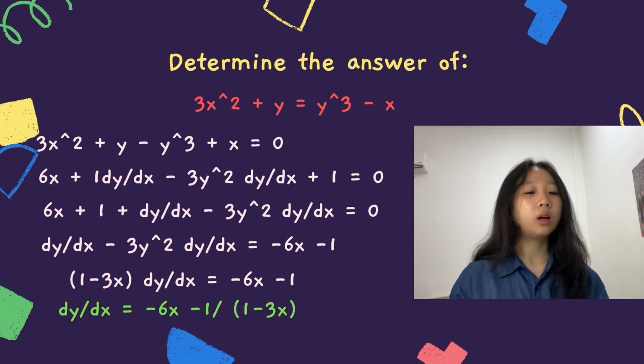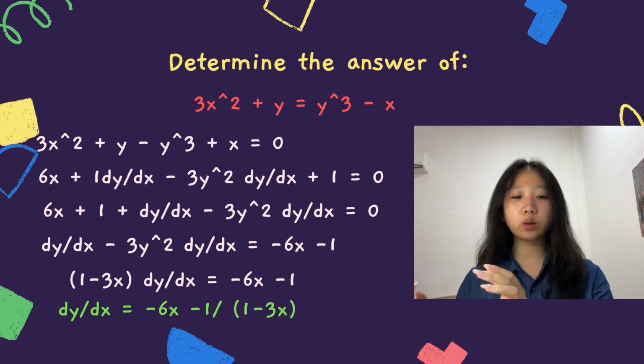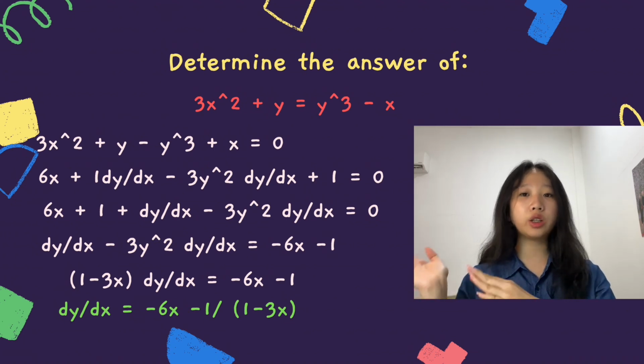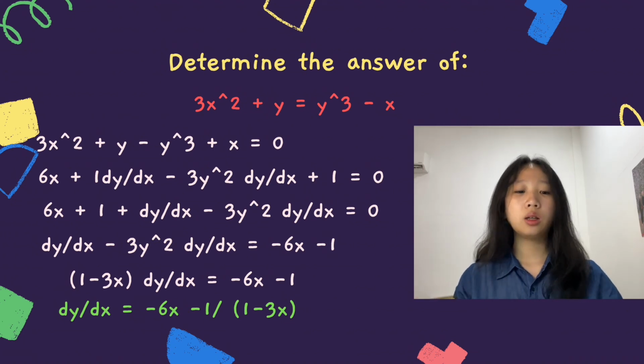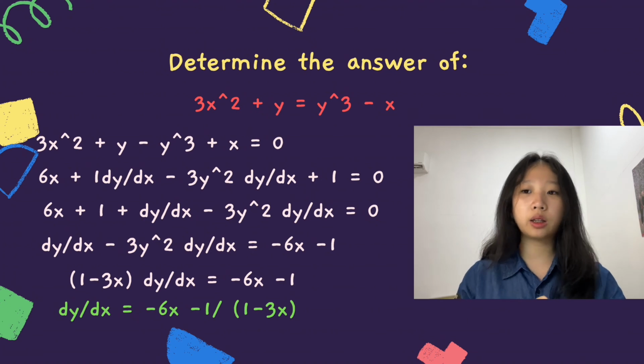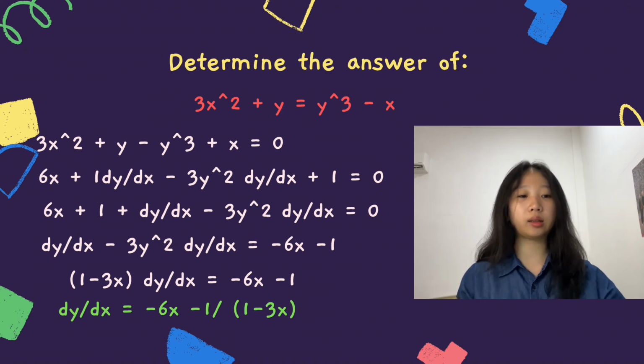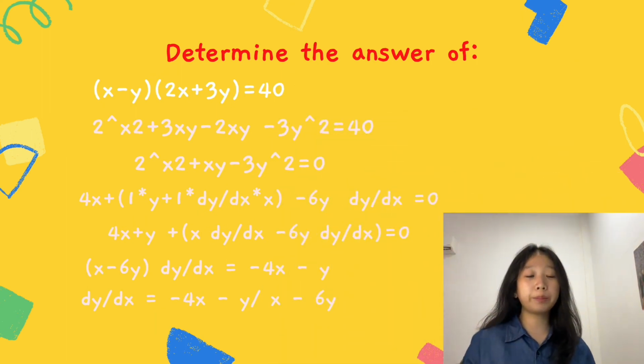Then we move the factor from the dy per dx to the right side. So the final answer is dy per dx equals minus 6x minus 1 divided by 1 minus 3y squared.